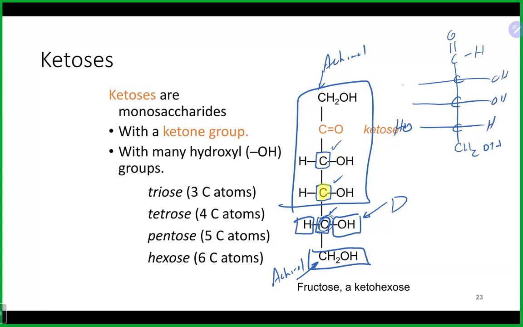OH, OH, H, and H. So this would be our last chiral carbon, and the OH would be over here if it was an L determination on that. And by the way, the one I just drew had how many chiral carbons? It does have three chiral carbons. It would be this one, and this one, right? They're all chiral, yeah.